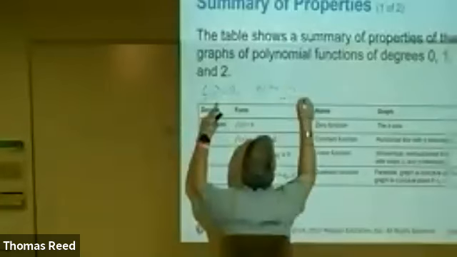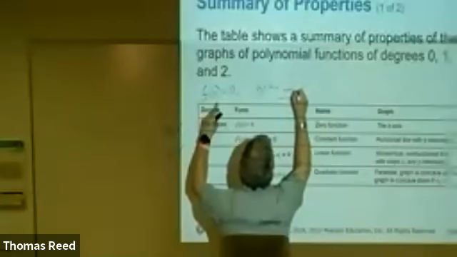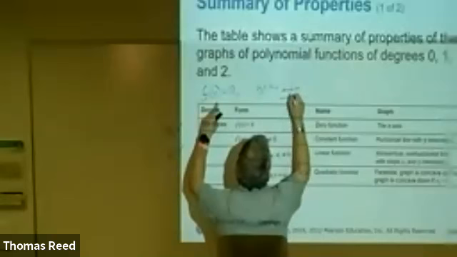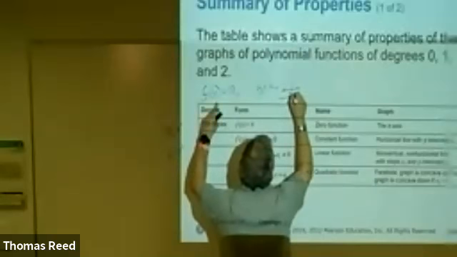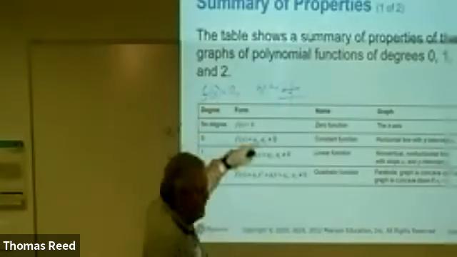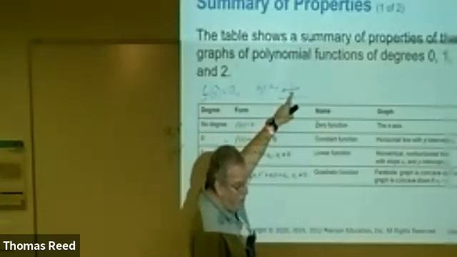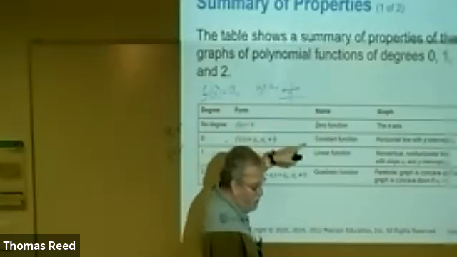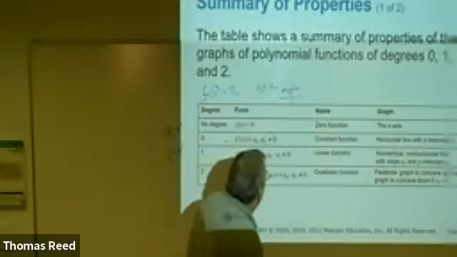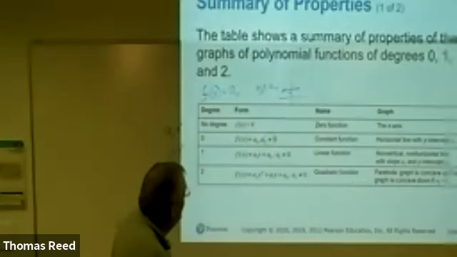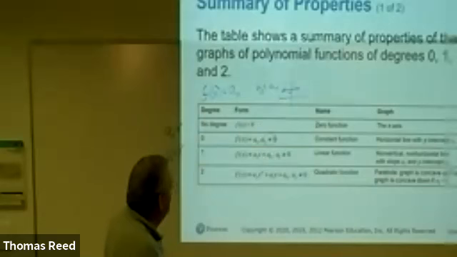And so it's a horizontal line, and this is the y value, a sub naught. So y equals 3, f of x equals 3 goes through 3 on the y-axis. And it's a horizontal line where all the y values are 3. So all the y values on this line are whatever a sub naught is.